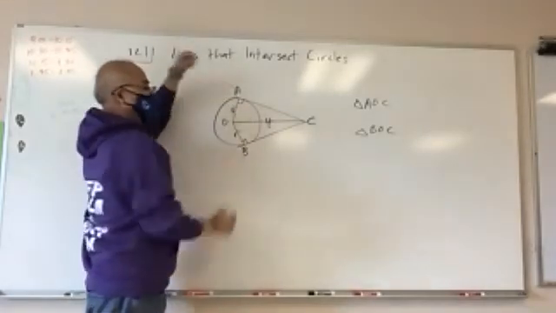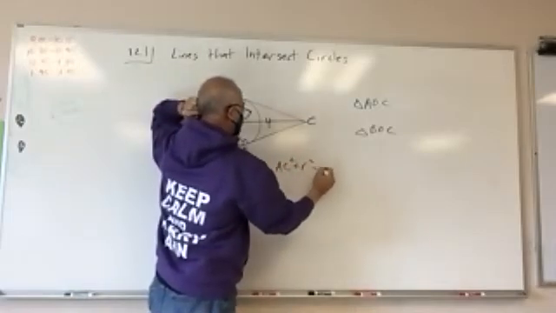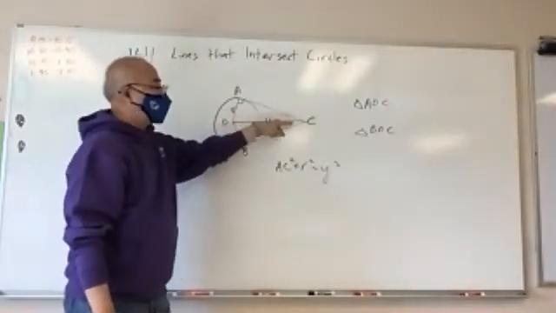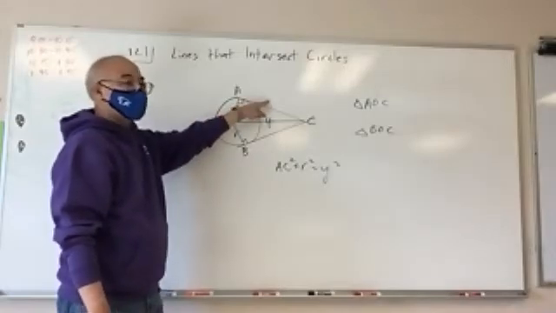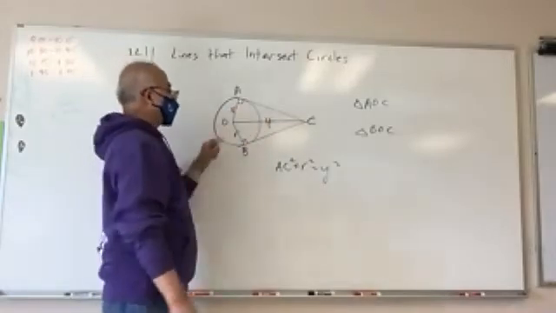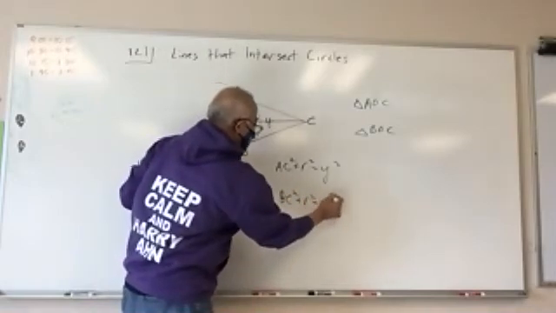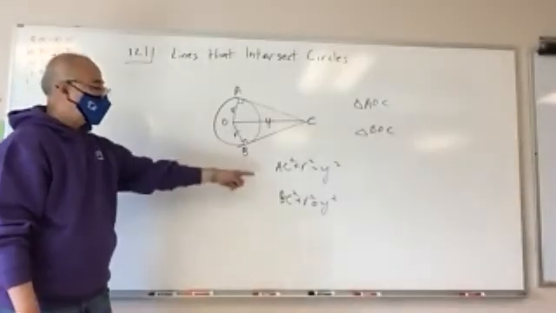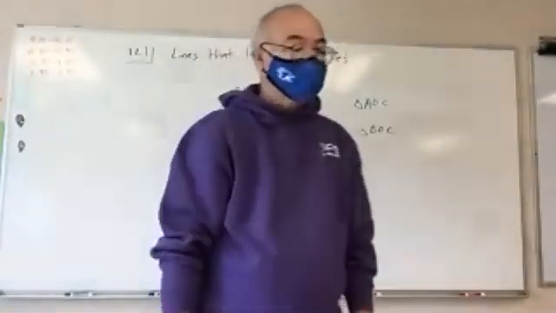Still the radius, right? So AC squared plus R squared is equal to Y squared in this triangle, Y being the hypotenuse. In triangle BOC, the same way, BC squared plus R squared is equal to Y squared. So therefore, AC and BC have to be the same. Okay, so that's what they're saying there. The two segments, AB and AC, are congruent.